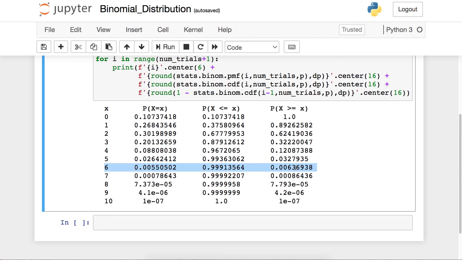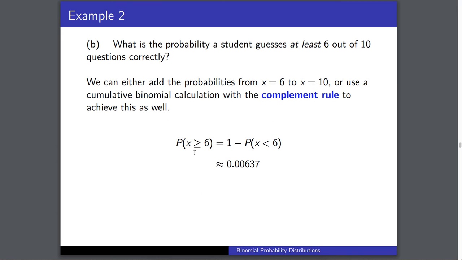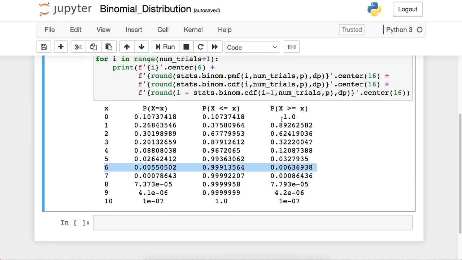I believe we had it go to 637. So this one will calculate greater than or equal to, and we'll also calculate in this column less than or equal to. The probability that a student gets less than or equal to 6 questions right is pretty high, which, if you imagine guessing on a multiple choice test you didn't study for, you're probably not going to do a very good job on it.